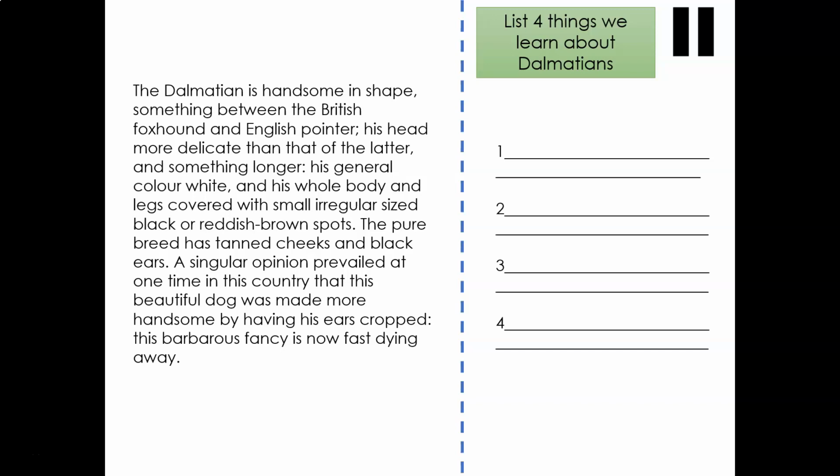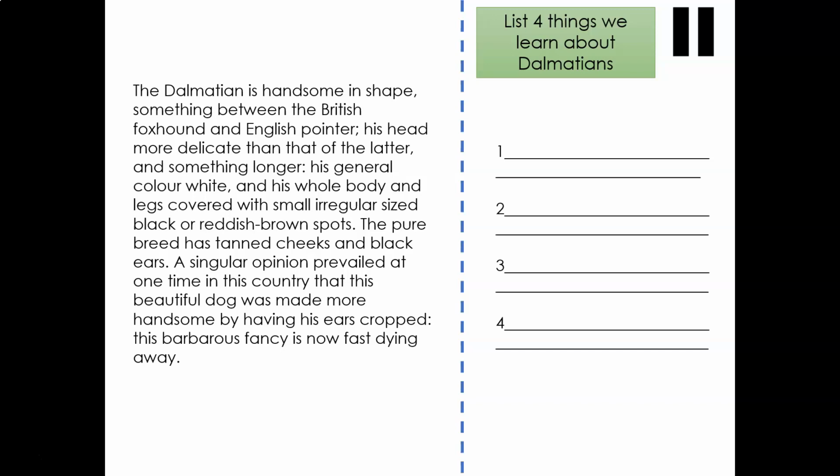You might have said, number 1, that Dalmatians are similar to other breeds of dogs such as a foxhound and a pointer, or in fact they are handsome in shape, so they're sort of similar in shape between those two breeds, or somewhere between them. You might have said that Dalmatians are white with spots on their body.